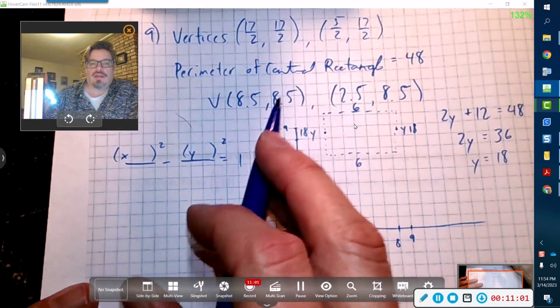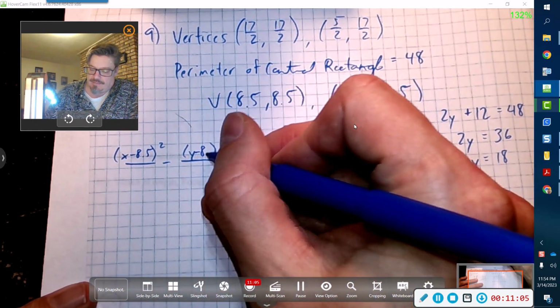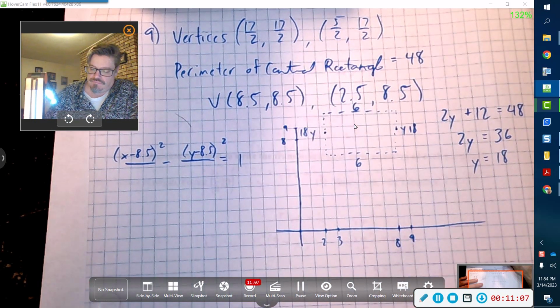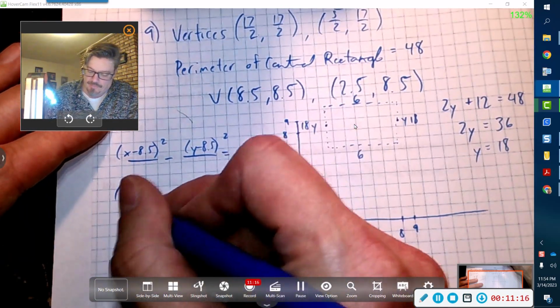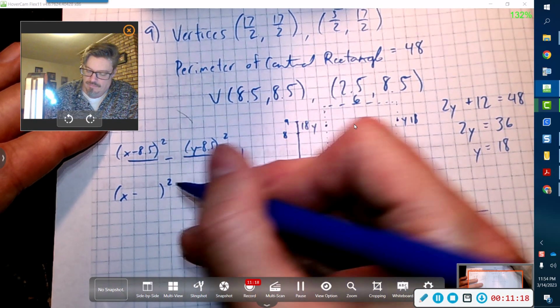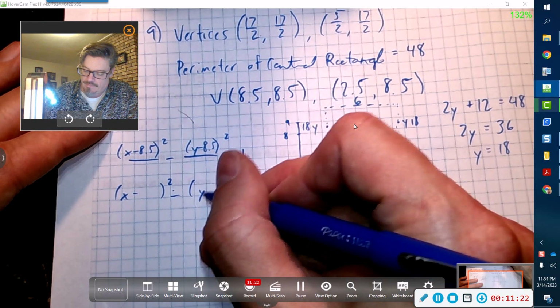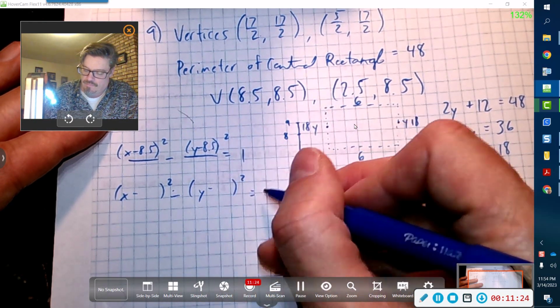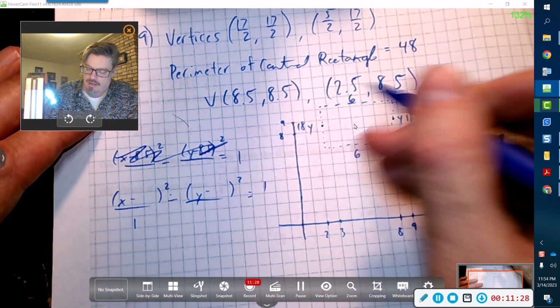And we know that our vertex is 8.5, so let's go minus 8.5, minus 8.5. No, the center is here. No, it's not. My bad. It's in the middle of the vertices. Let's try that again. I don't know why I put a 1 there.